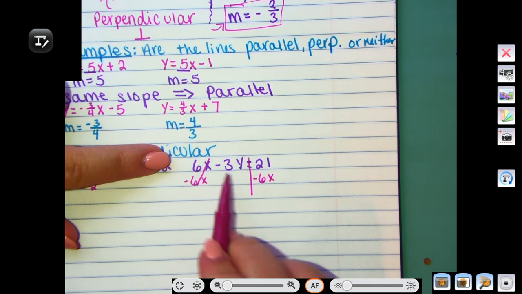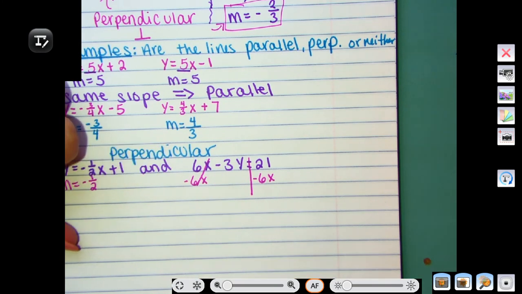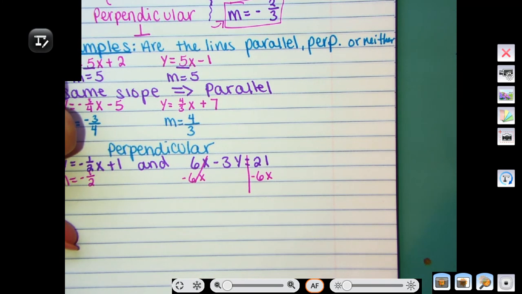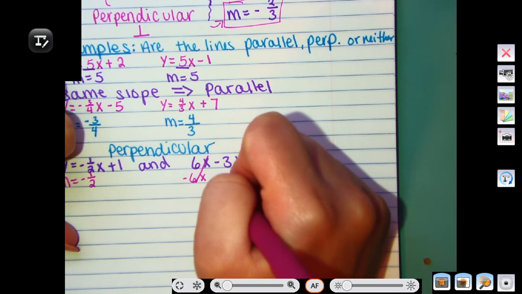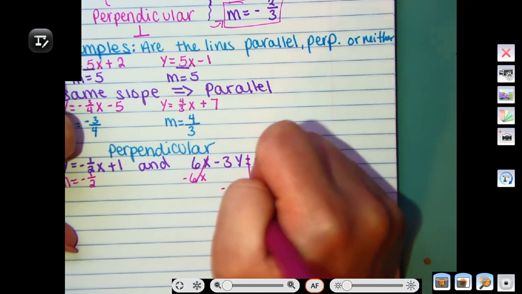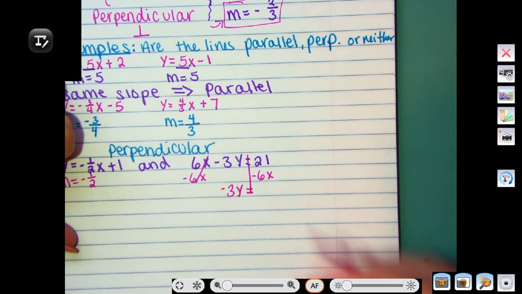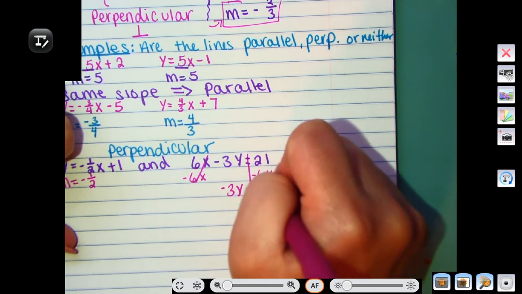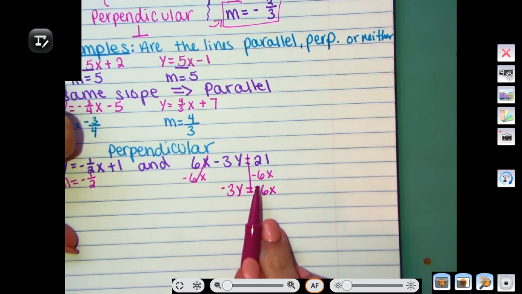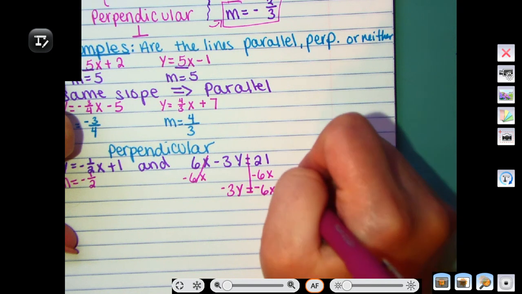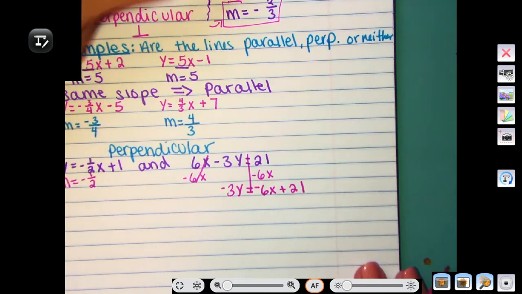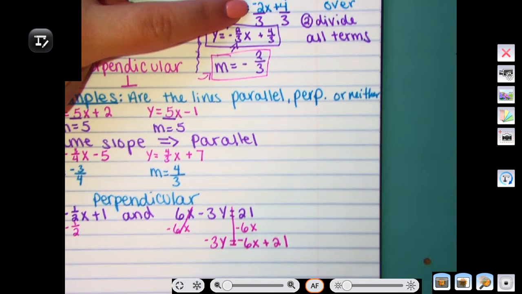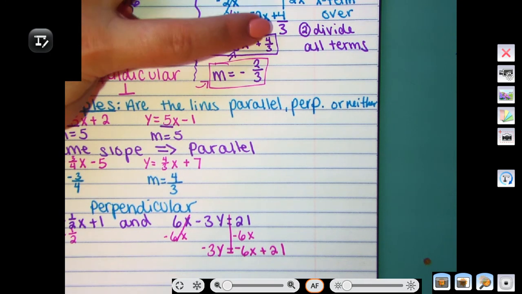In this case, always bring down the negative sign with your y variable. So this is going to be negative 3y equal to negative 6x, plus 21. The same way I did it up here, negative 2x plus 4.